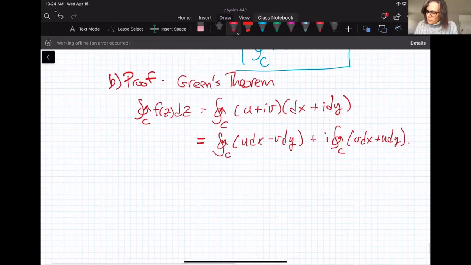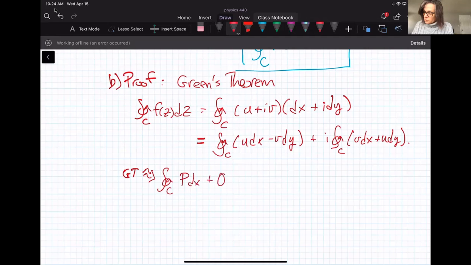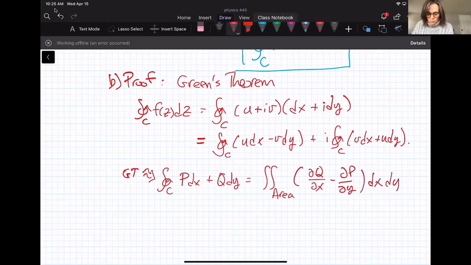And where we use Green's theorem is that we're looking at the contour integral of, say, p dx plus q dy, and that's set equal to the area integral of dq/dx minus dp/dy dx dy.